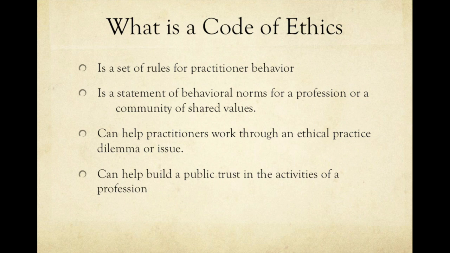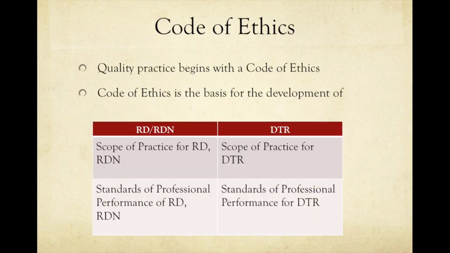One of the benefits of a code of ethics is it can help the practitioner identify whether or not what they're doing or thinking of doing falls within an ethical practice. And last but not least, a code of ethics, when adhered to, can ensure the safety of the public and the trust of the public regarding our profession.